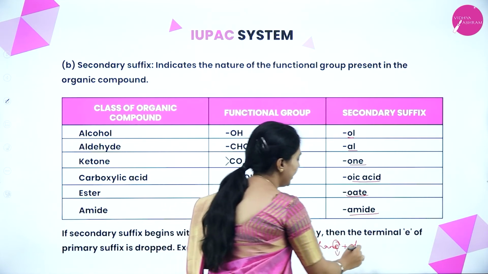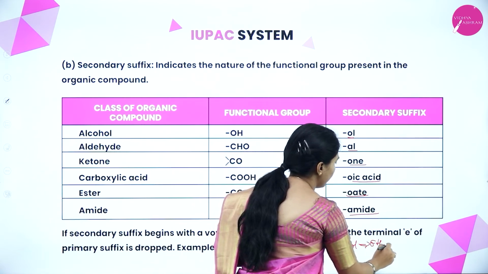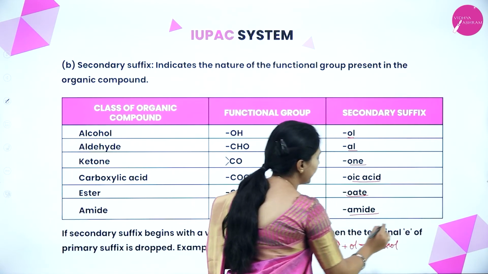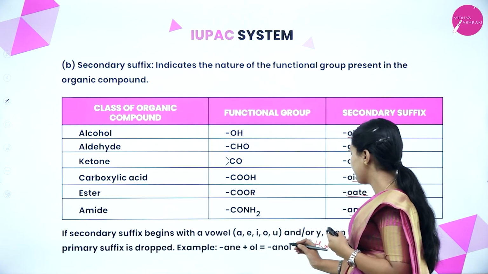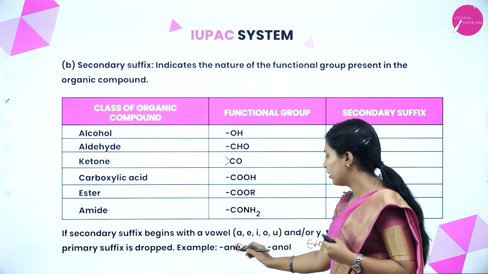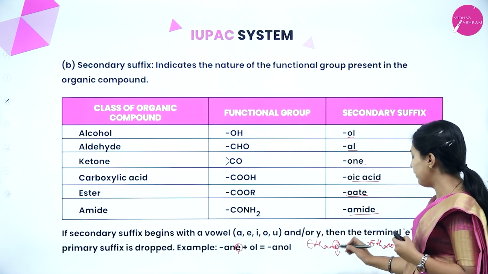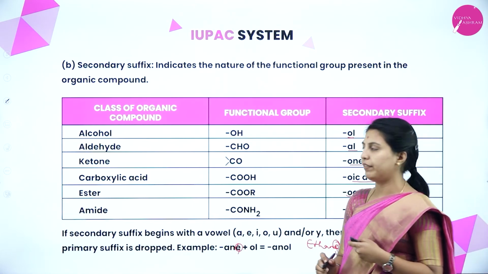It will become ethanol. That's what they are telling. If it is starting with a vowel, the ending E will be dropped. Here ethane, E will be dropped, attached by OL, ethanol will be given.